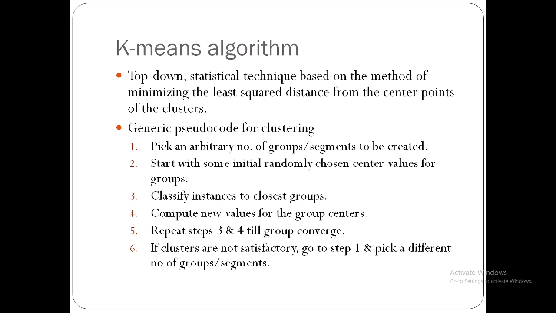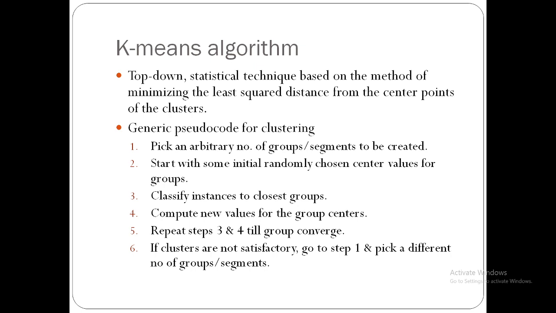Pick an arbitrary number of groups or segments to be created. Start with some initial randomly chosen center values for groups. Classify instances to closest groups. Compute new values for the group centers.